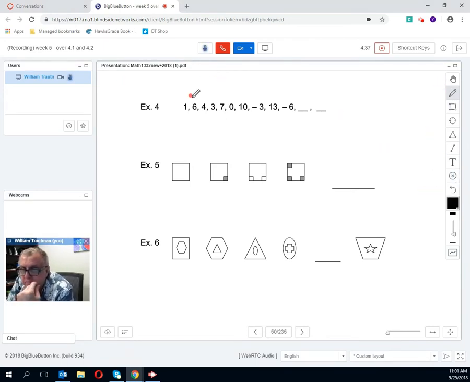1, 6, 4, 3, 7. 1 and 6 is 7. 6 and 4 is 10.